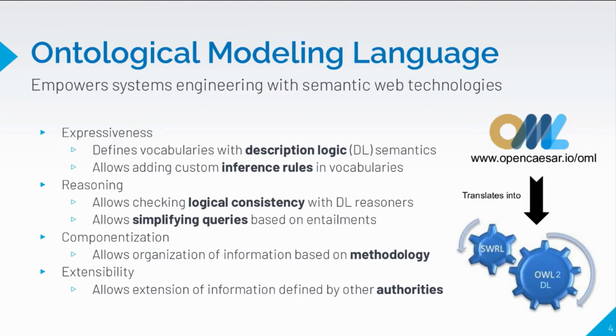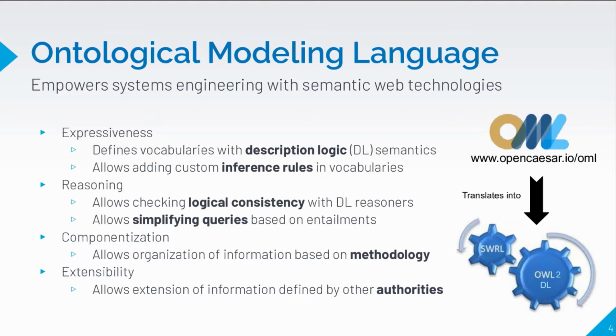It also works with off-the-shelf DL reasoners that can check the consistency of your system description based on your semantic vocabulary. It also has the side effect of simplifying queries, since if you can generate inferences, your queries can be more direct instead of having to embed your inferencing logic in the query itself.